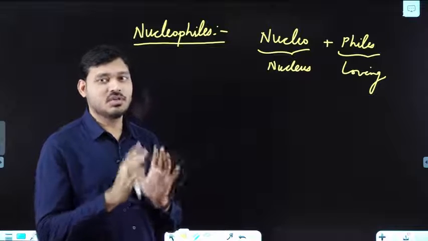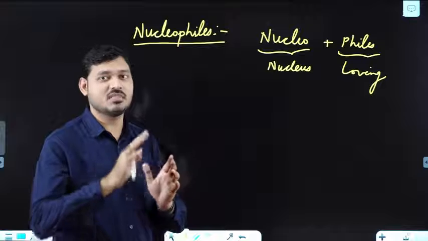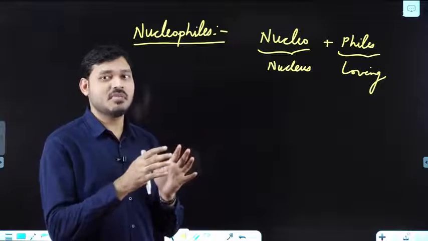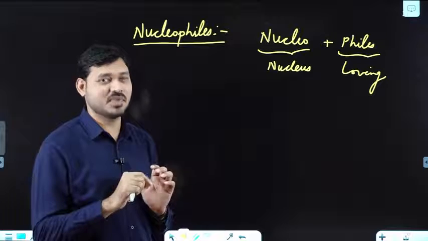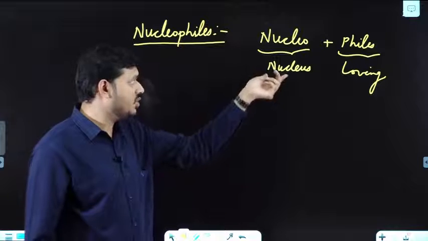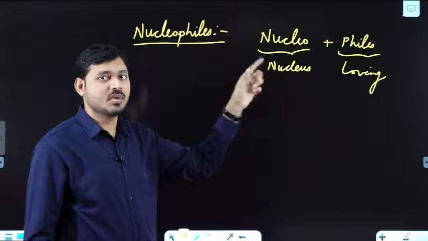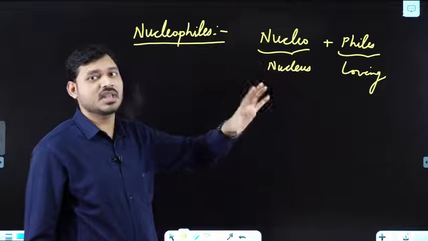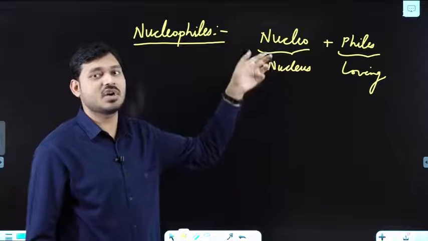Neutron is neutral in nature, it has nothing to do with any of the charges, but proton, a positively charged species, will be attracted by negatively charged species. So nucleus loving, nucleus is positively charged, and these nucleophiles are loving positively charged, means they will definitely be electron rich species.